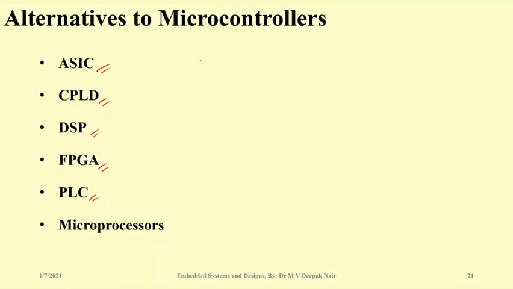So it is not that you should always use microcontrollers. Other than that, there are ASIC, CPLD, DSP chips, FPGA ICs, and PLCs, along with the microcontroller. These are all the market driving forces used to generate intelligent systems.